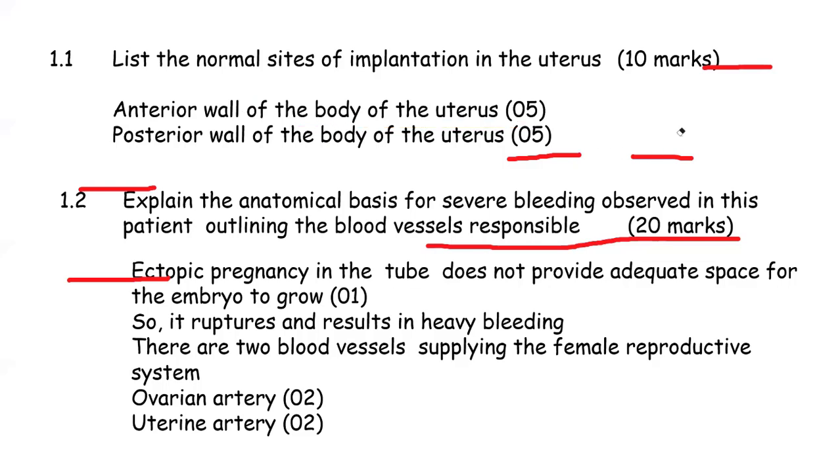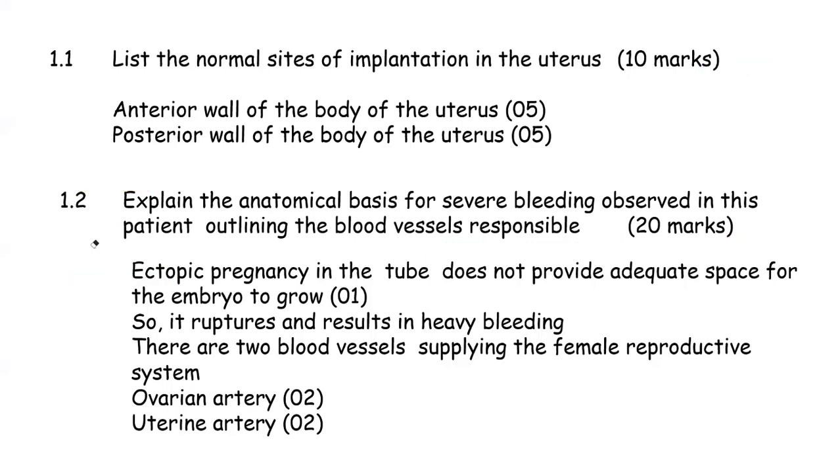Right. So what's the first question that we ask? List the normal sites of implantation in the uterus. That is 1.1. Right? So when you are answering the questions, again, you will have to just have a look at two things.